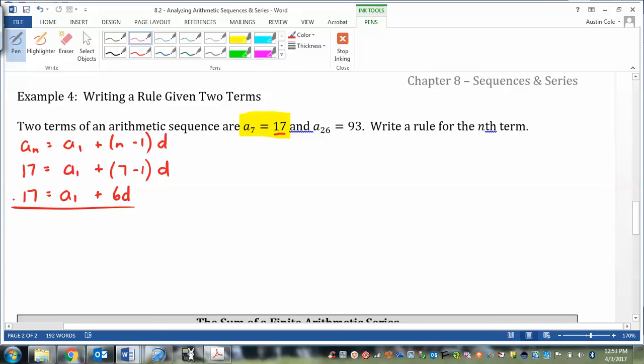A sub 26 equals 93. So I'm going to plug in 93 here equals a sub 1, which I don't know, plus n. In this case, n is 26 minus 1 times my common difference, which is d. So 93 equals a sub 1 plus 25d.